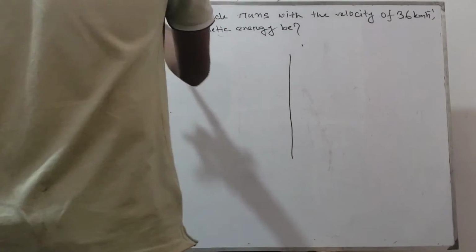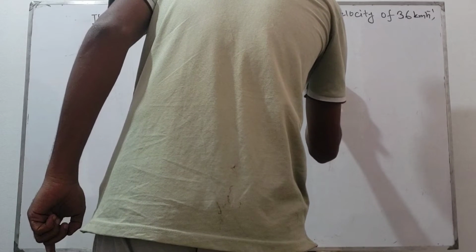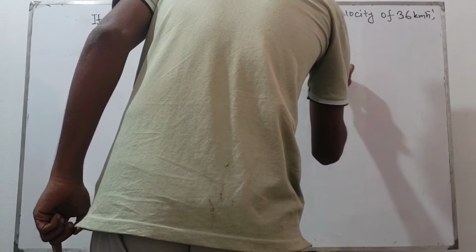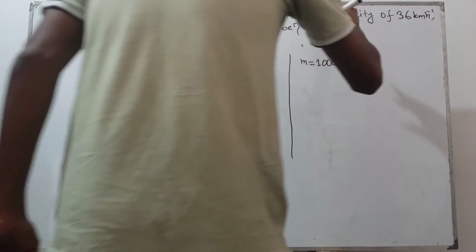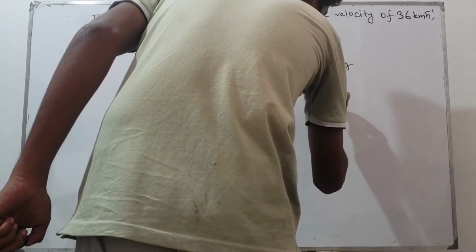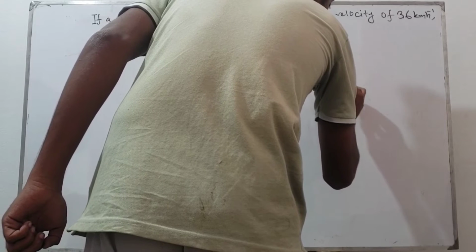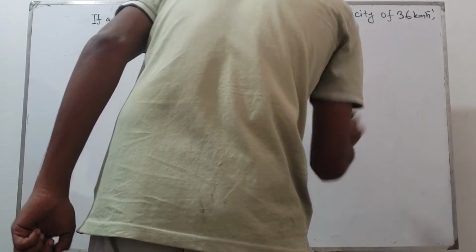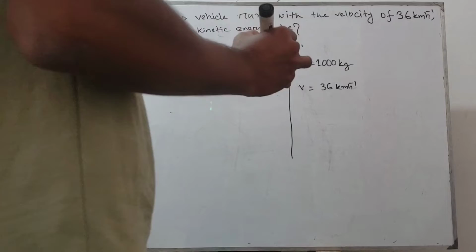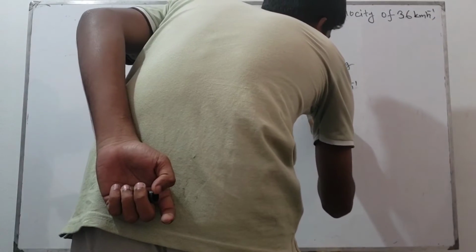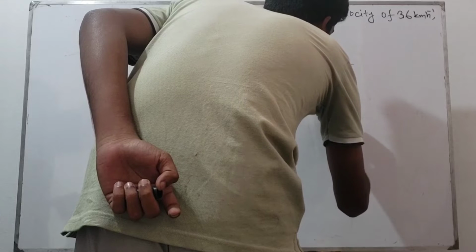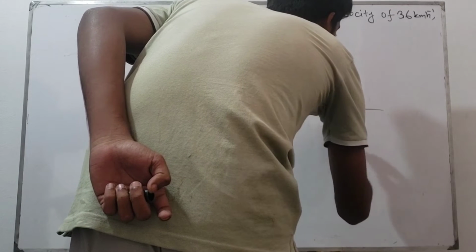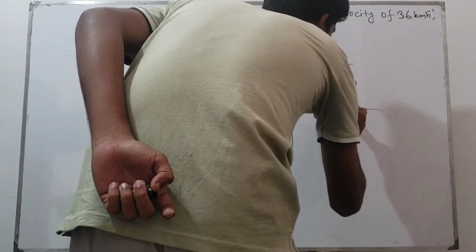You are noticing that we have m, 1000 kg. We have velocity, I mean v, 36 kilometer per hour. We'll have to convert it into meter per second. If we convert it, then we will get 36.